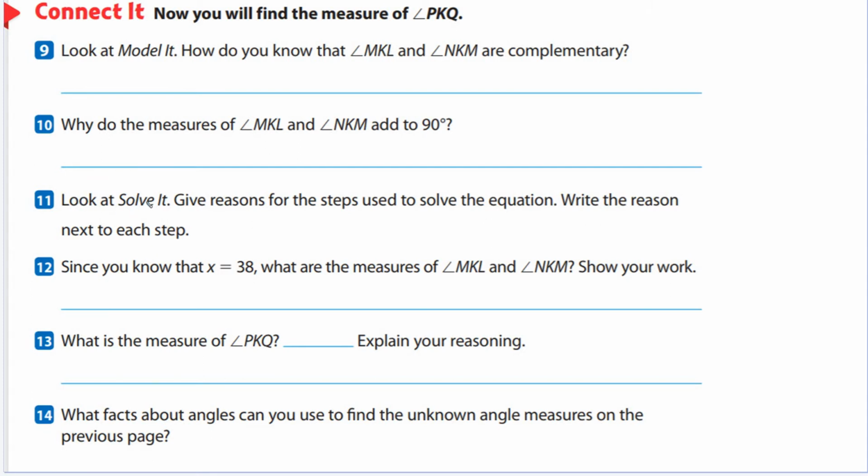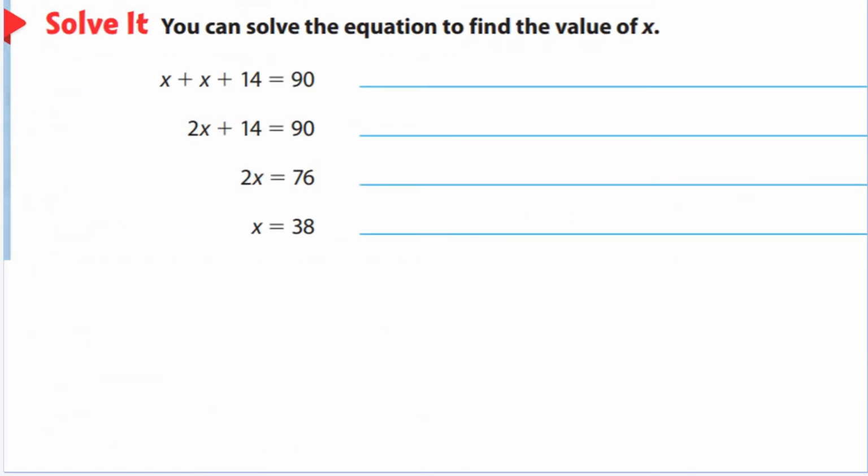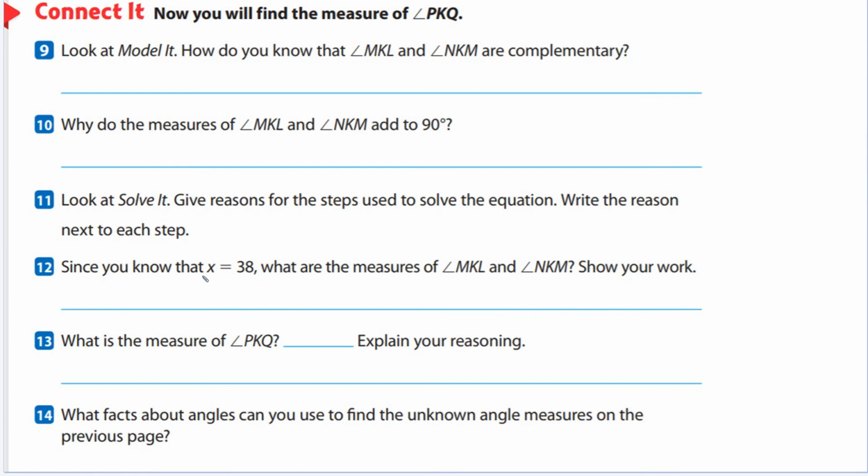Look at solve it. Give reasons for the steps used to solve the equation. Write the reason next to each step. Since you know that X equals 38, what are the measures of angle MKL and angle NKM? Show your work.